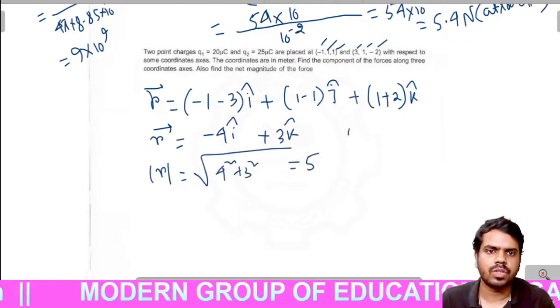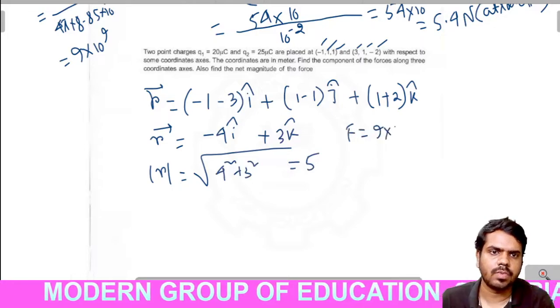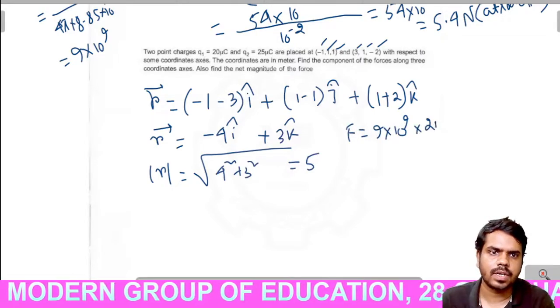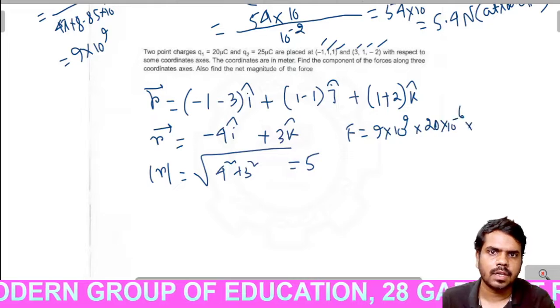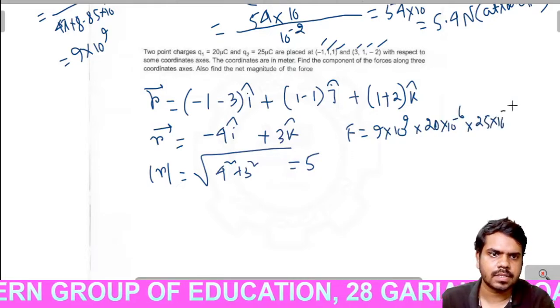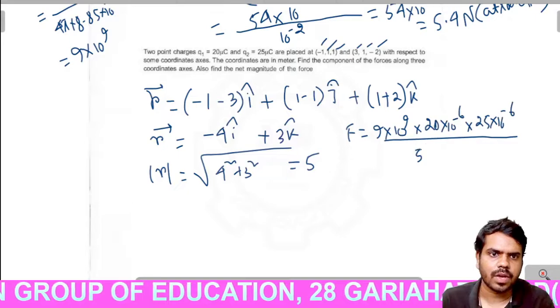Now put the value of F equal to K Q1 Q2 by R square. Q1 is 20 into 10 to the power minus 6 and Q2 is 25 into 10 to the power minus 6, divided by 5 square.